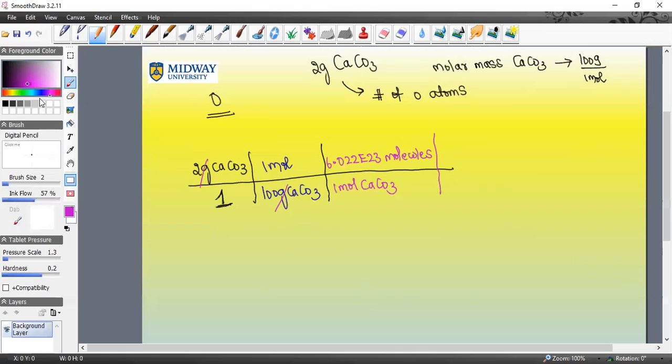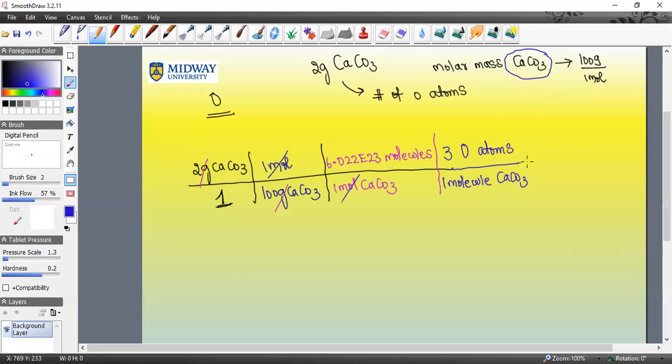All right, let's go get our different color again. Now we can cancel out the moles with the moles. Now molecules. We've got to get rid of the molecule. 1 molecule of calcium carbonate contains how many oxygen atoms? There's 3, so 3 oxygen atoms.